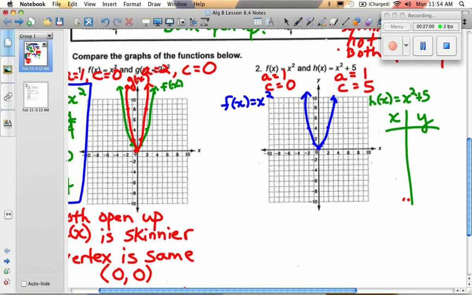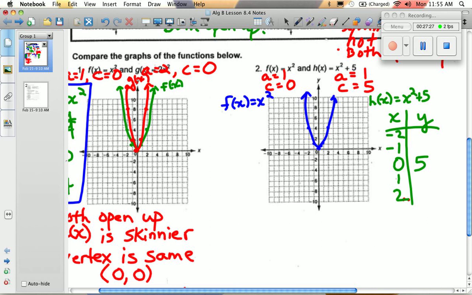If it moves up 5, the vertex has to be at 0, 5. So we put 0, 5 in the middle of our table, because the vertex is in the middle of the parabola. We do -1 and -2, and then +1 and +2. And remember, if the vertex moves up 5, every other point moves up 5 also.